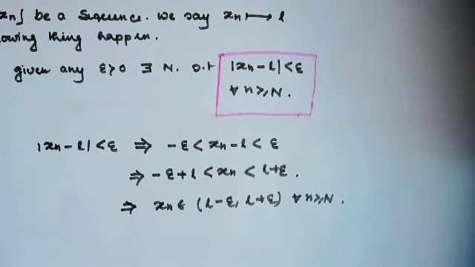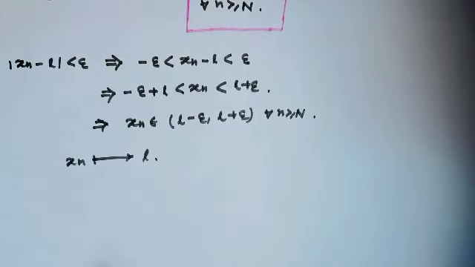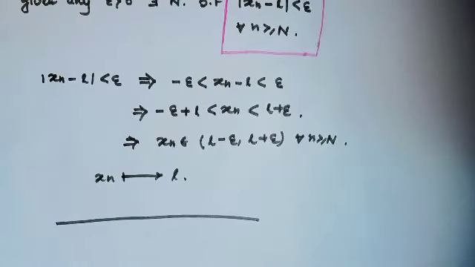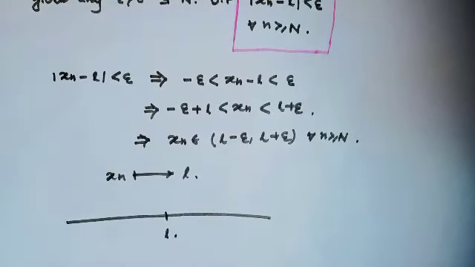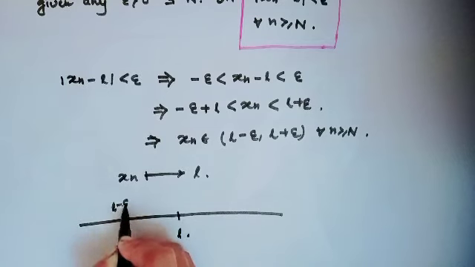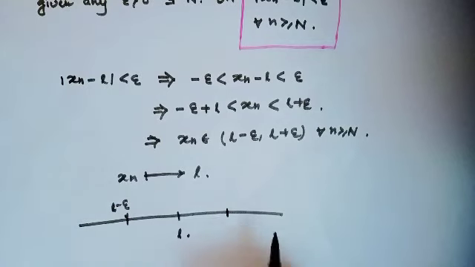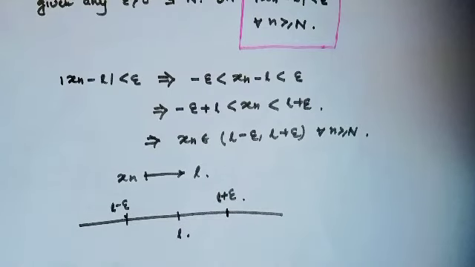Well, now look at the picture geometrically. Xn converges to L. What is the geometrical meaning? This is a real line. This is L. And if I choose epsilon distance here, then this will be L minus epsilon. And if I choose epsilon distance here also, this will be L plus epsilon. Okay? That means, what is the definition?